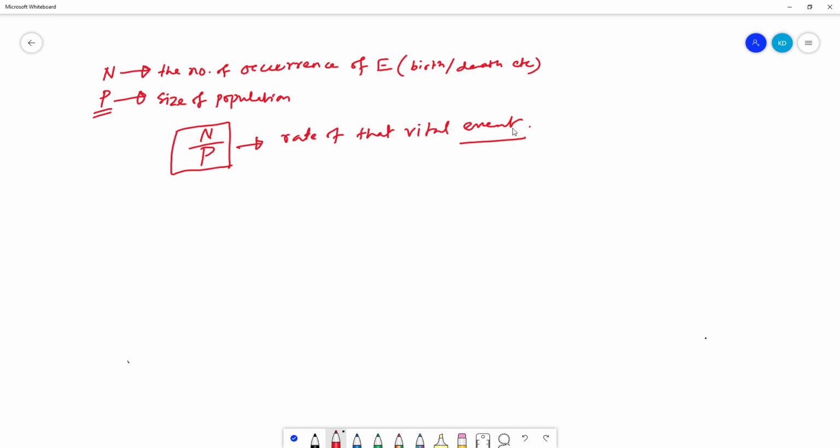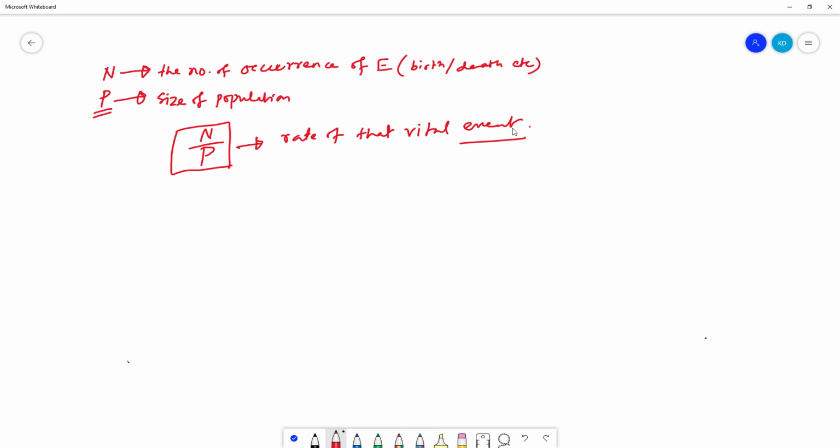The period of time is usually taken as 1 year. The size capital P of the population is generally exact or approximate.